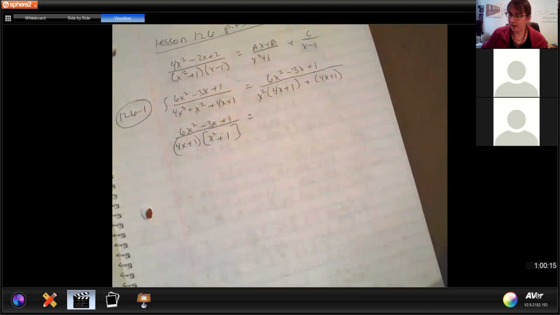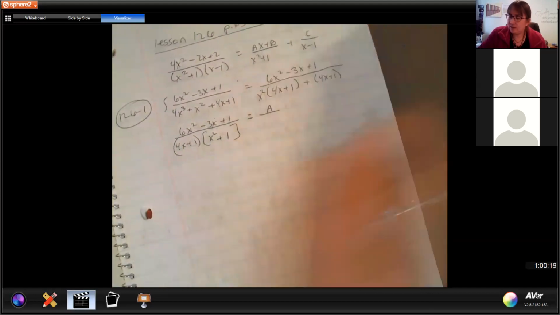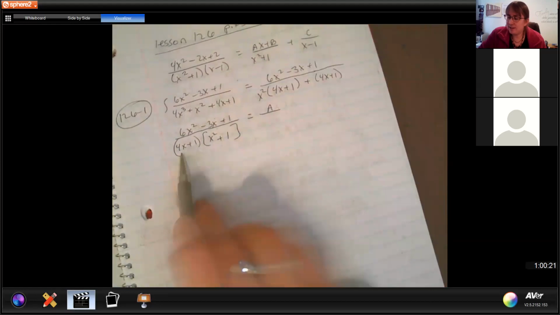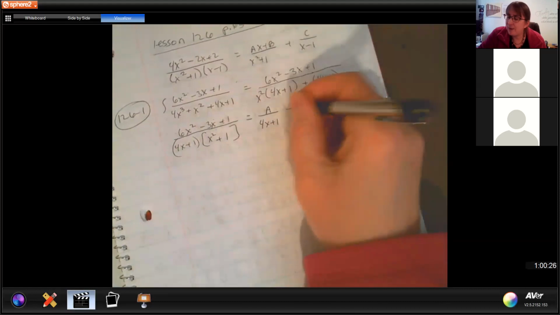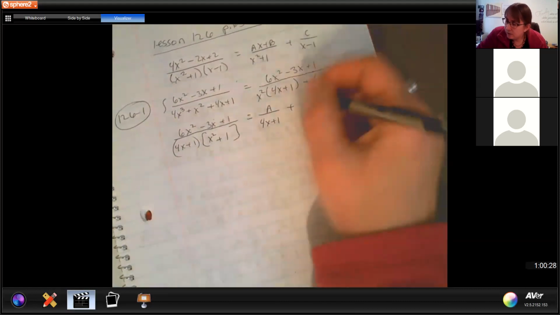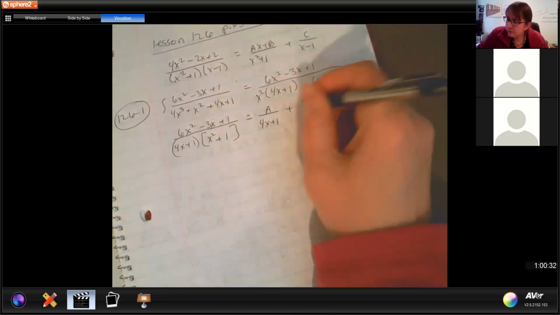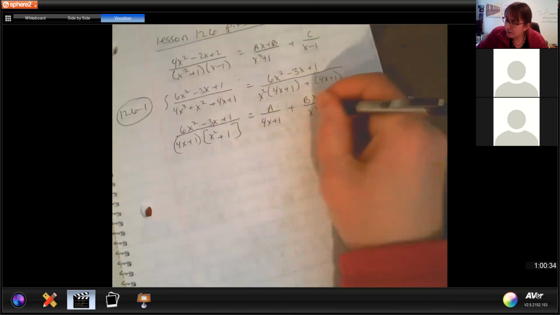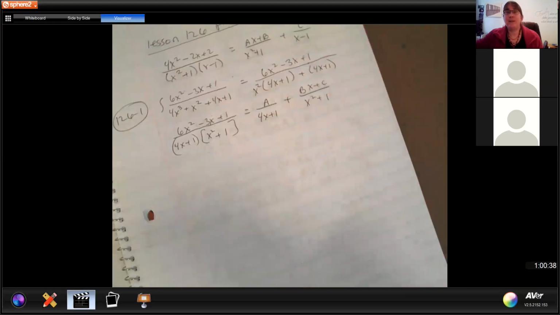Divide into partial fractions. I have just a degree of 1, so I just have a constant. So A over 4x plus 1 plus, now I have a degree of 2, so I'm looking at Bx plus C over x squared plus 1. And then I'm going to do the same step that we've always been doing. Common denominator.